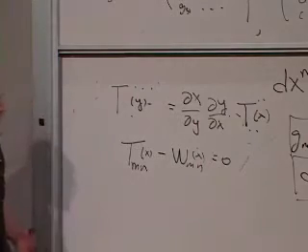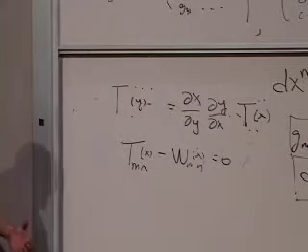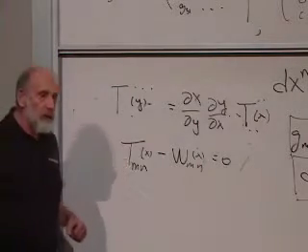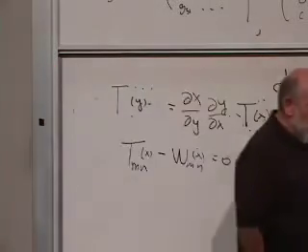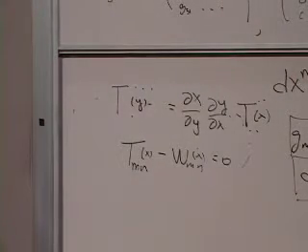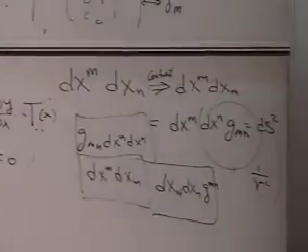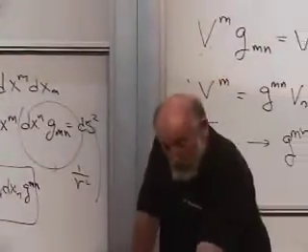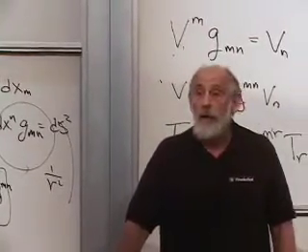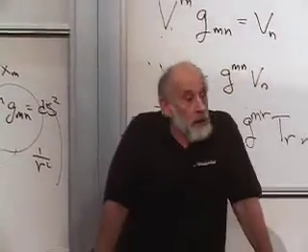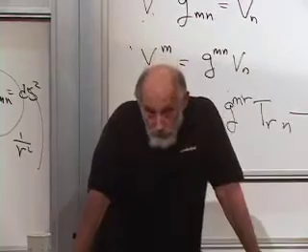Then the difference is going to be 0 in every coordinate system, which means that the tensors are equal in every coordinate system. So once you prove a tensor relationship, namely that the left-hand side of an equation is equal to the right-hand side of an equation in one set of coordinates, it's true in every set of coordinates.